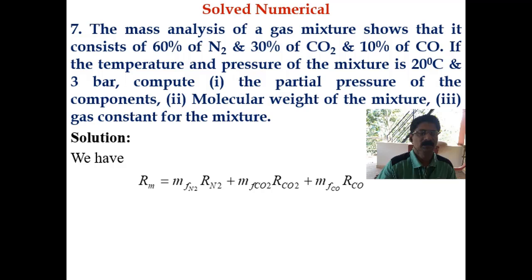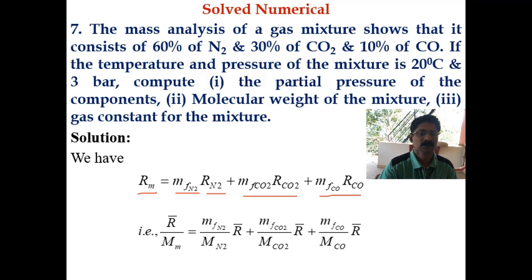Here you know the equation for the gas constant of the mixture: the mass fraction into the gas constant of the individual constituents, added together. Also you know that Rm, the gas constant for the mixture, is nothing but R bar by the molecular weight of the mixture.